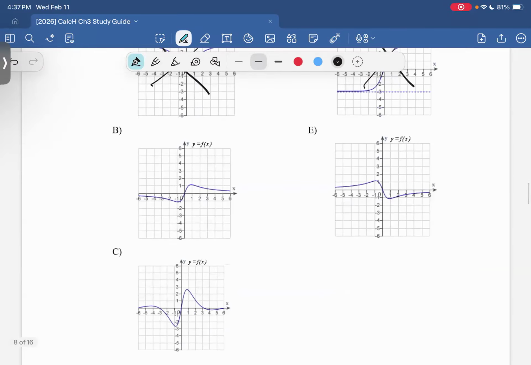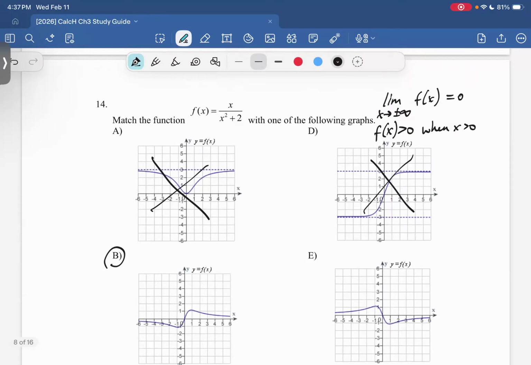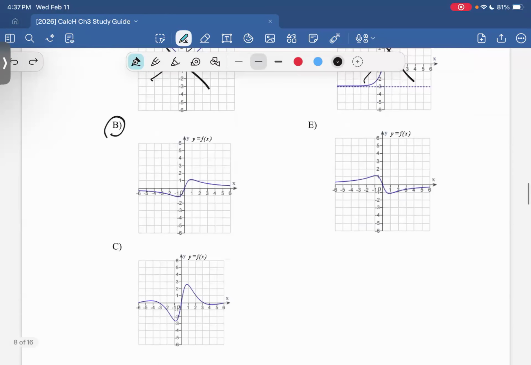So that narrows it down to B. The reason why f of x is positive when x is positive is because this will be a positive number, and this will also be a positive number. So that narrows it down to B, because E doesn't work, since when x is positive, the function is negative. C also doesn't work, because when x is positive, there is a little stretch where the function is actually negative, and so that's not going to work. So we're left with B.